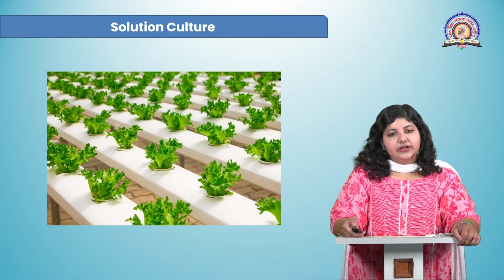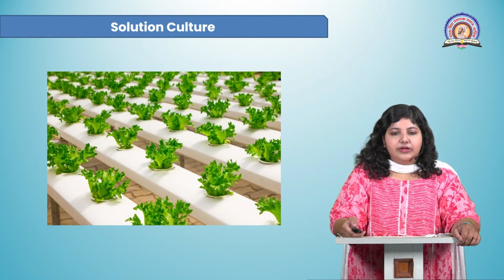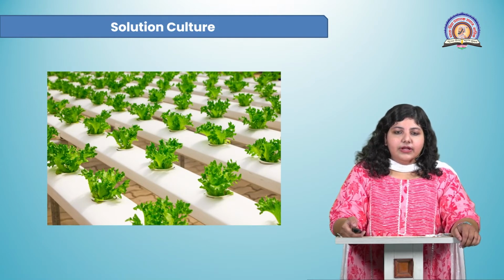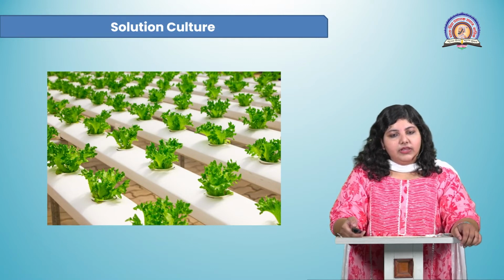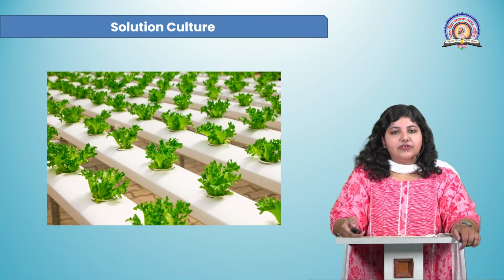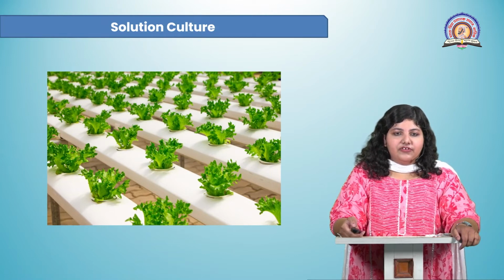Now in solution culture, also known as hydroponics, plants are grown in a medium of nutrient containing water. These plants are not cultivated in soil; it is soilless culture or water culture, hence the name solution culture.